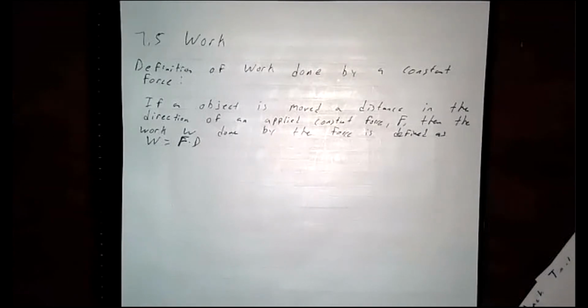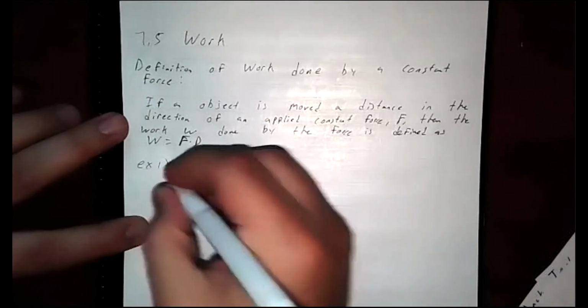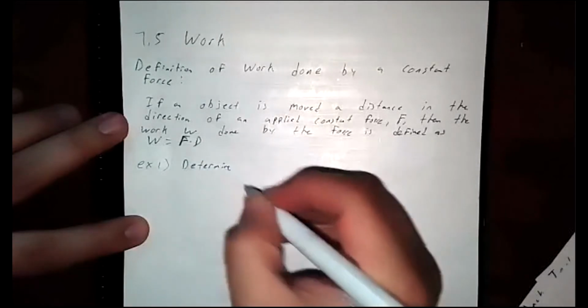But calculus comes in when the force is a function, meaning it's a variable force. So this first example, no big deal, right? Let's go ahead and do that. This is similar to the beginning of the work chapter in physics 1.